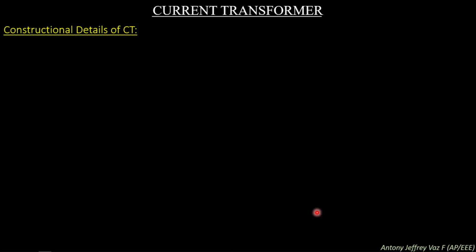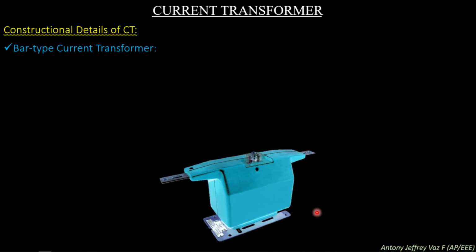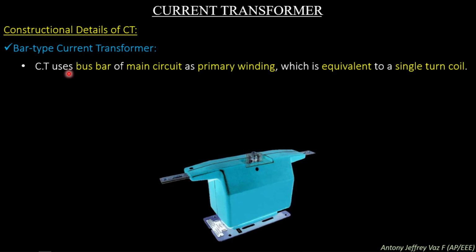Constructional details of current transformer. Bar type current transformers. The current transformer uses the bus bar of the main circuit as the primary winding, which is equivalent to a single turn coil. So these types of current transformers can be directly connected to the live wire or the bus bar.